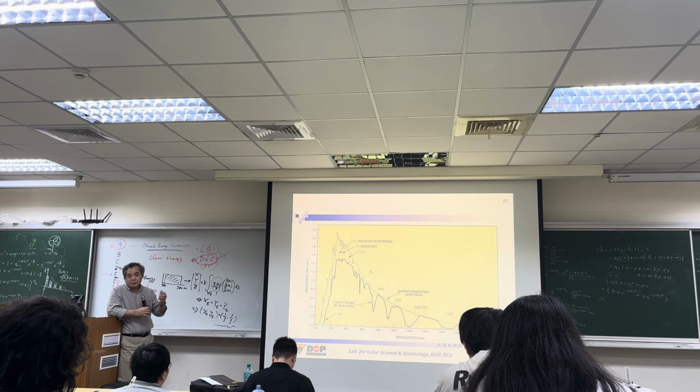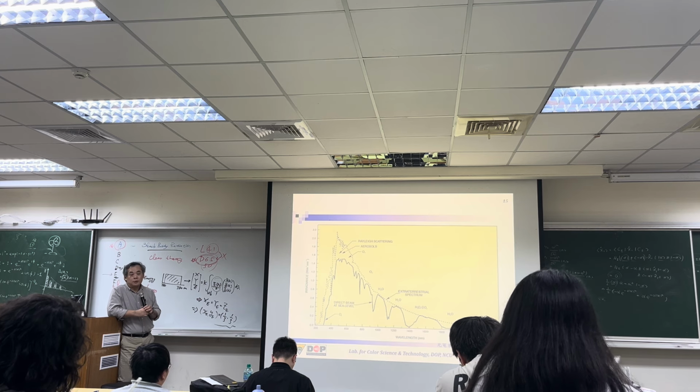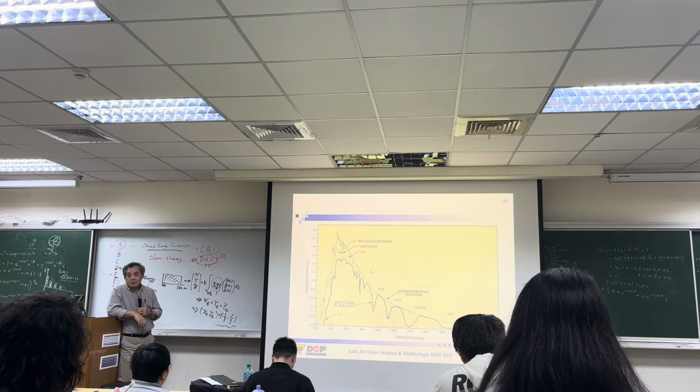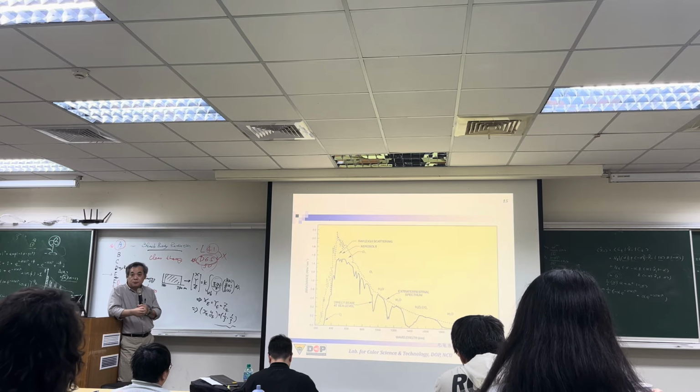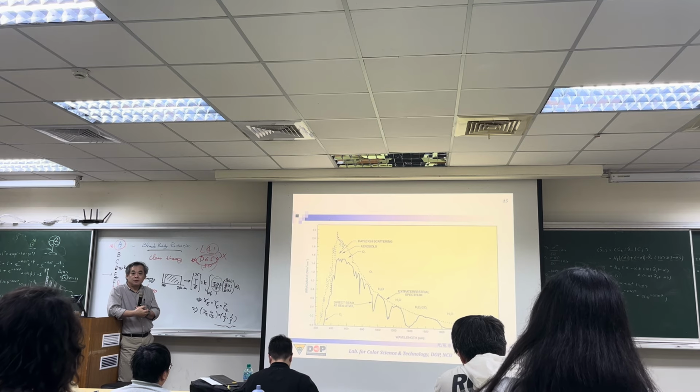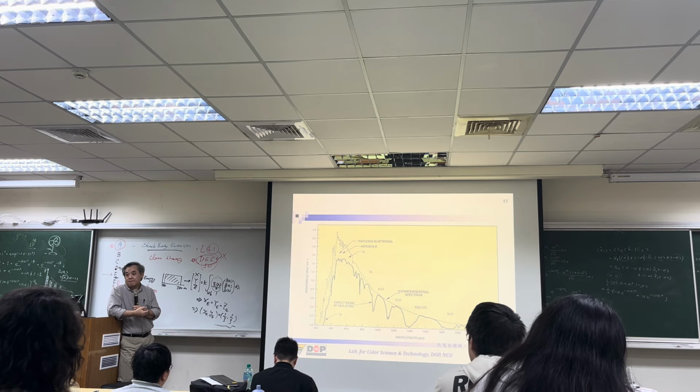So how to describe the color of the light? We never say the chromaticity. We never tell the seller, I want a light source with chromaticity of 1/3 and 1/3. It is impossible, right?